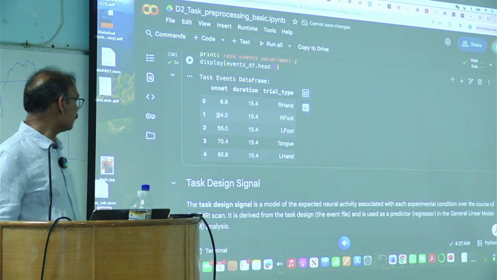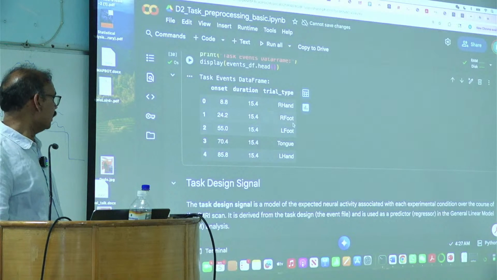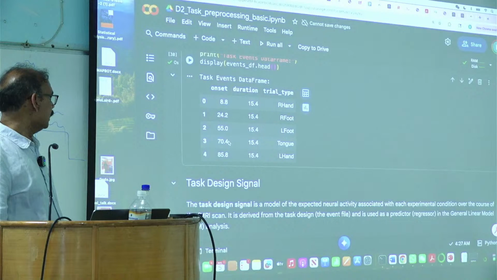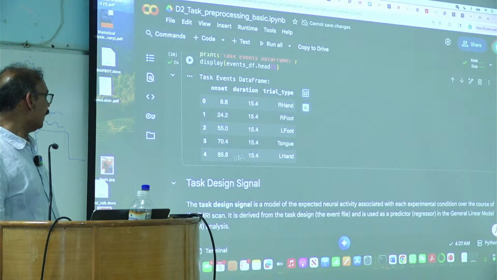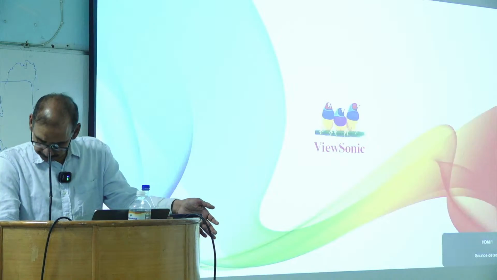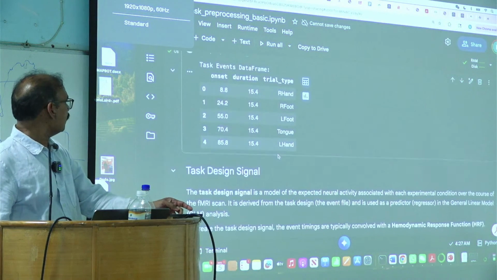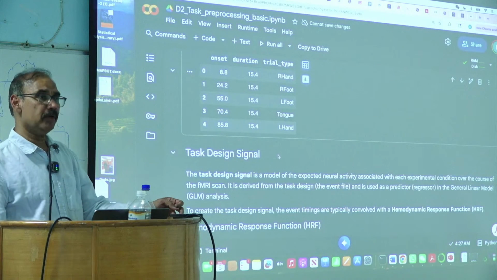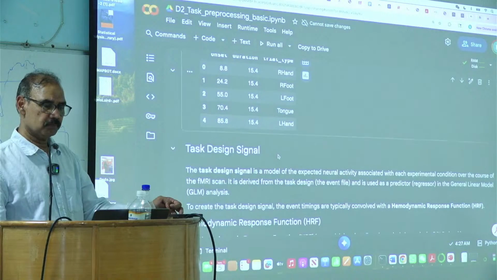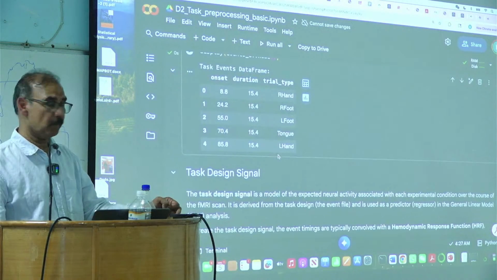For the second task, 24.2 with duration 15.4, right foot, 55, 15.4, left foot, 70.4, duration 15.4, tongue, and then left hand. So each duration is 15.4 seconds.